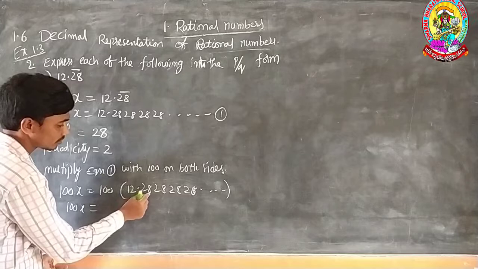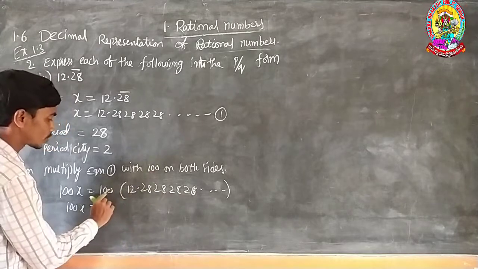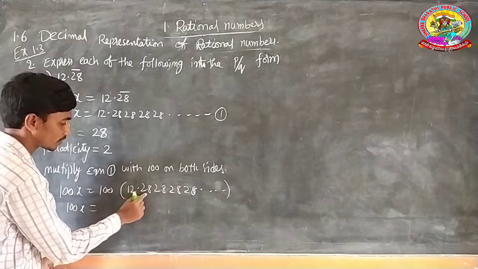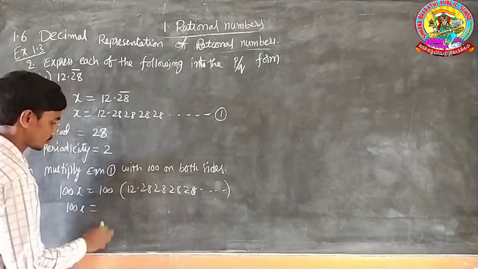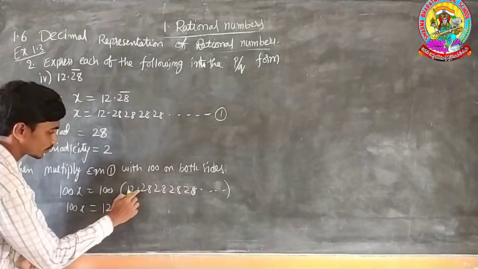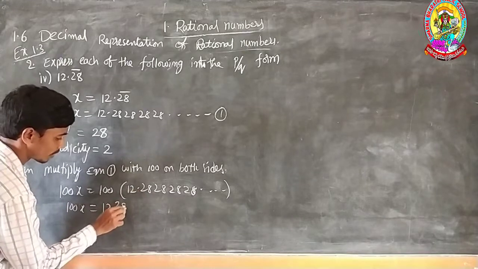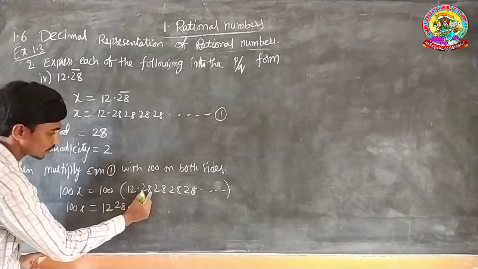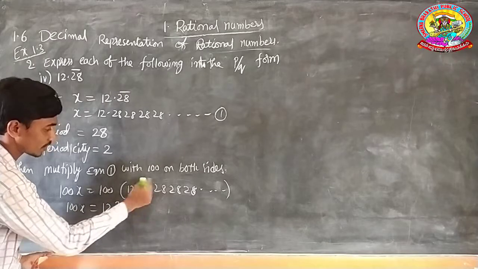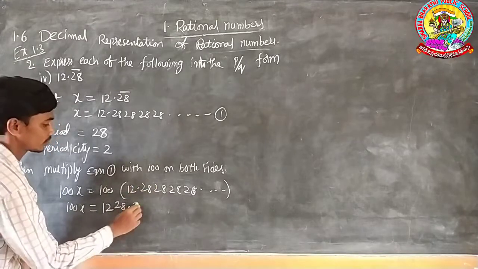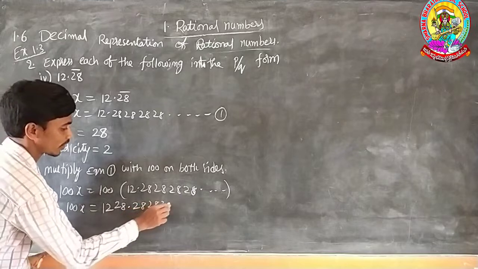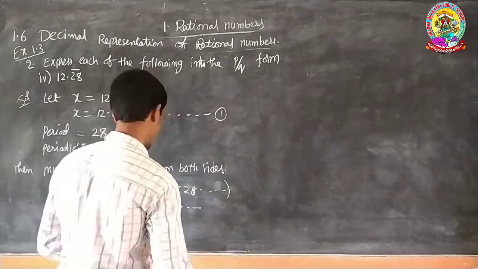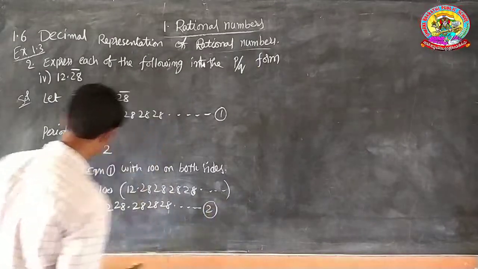Here there are 2 zeros, so you should keep the decimal point after 2 places. So 12.28 becomes 1228, and after that 28 continues as it is. So this is equation 2.